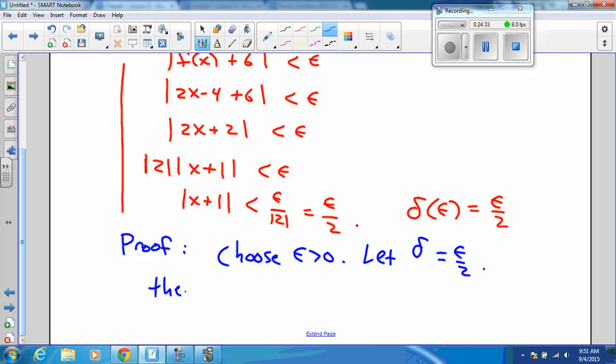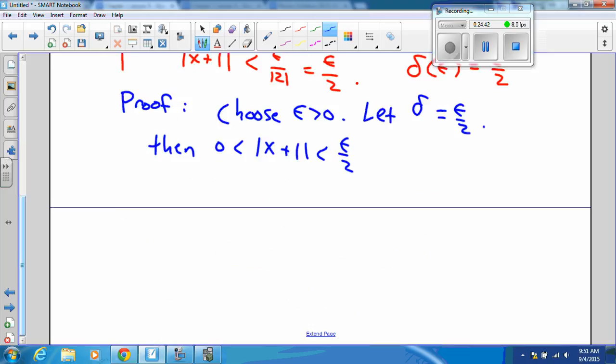Choose any epsilon greater than 0. Let delta equal epsilon over 2. Then when |x minus negative 1| is less than delta, that forces 2 times |x minus negative 1| to be less than epsilon.